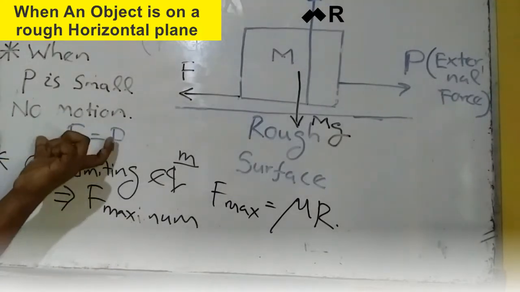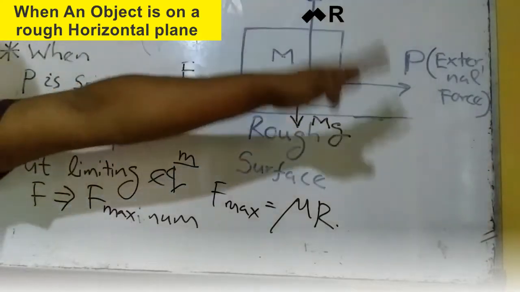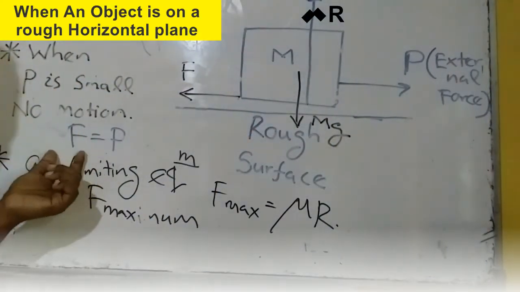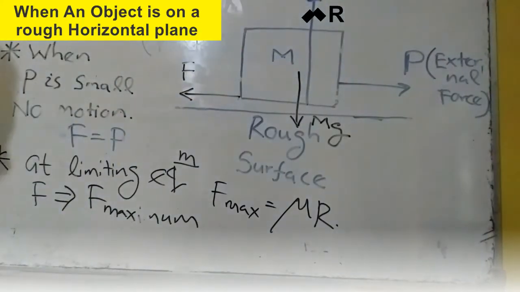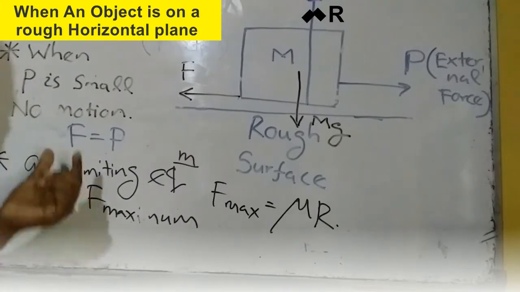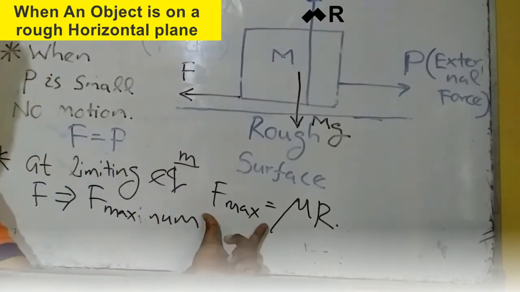Now, in this case, friction is equal to my external force. That's true. What can you say about friction in terms of R here? Friction has not come to its maximum value. Therefore, F is less than F max. That you can understand, I think.